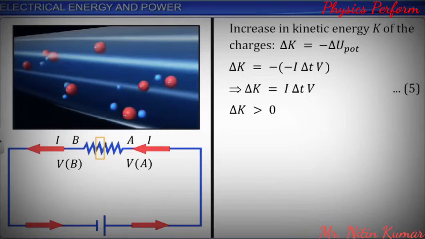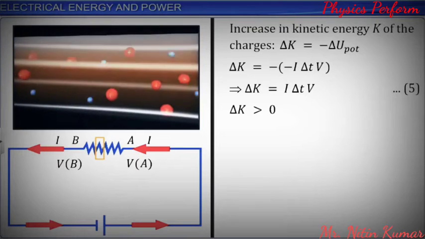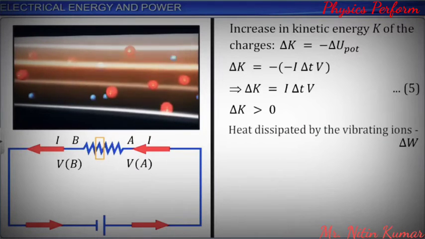This is because the free electrons collide with the ions while in transit. Due to these collisions, the kinetic energy gained by the charges is transferred to the heavy ions. And these ions vibrate more vigorously, thereby heating up the conductor.